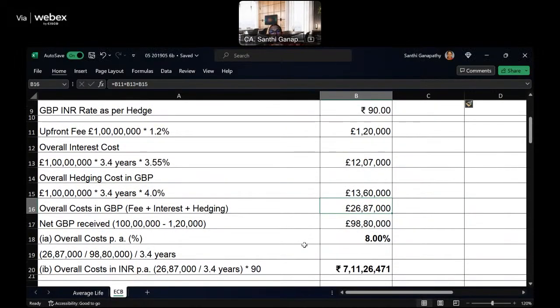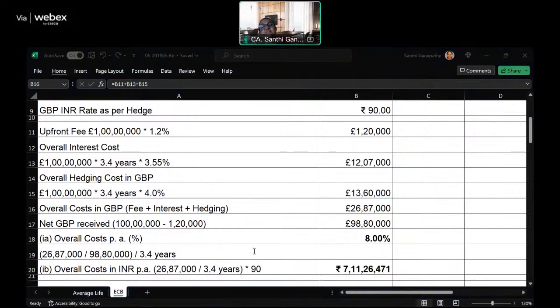Overall cost how much. Is it clear? Shall we go to the next step? Then what is the next requirement?